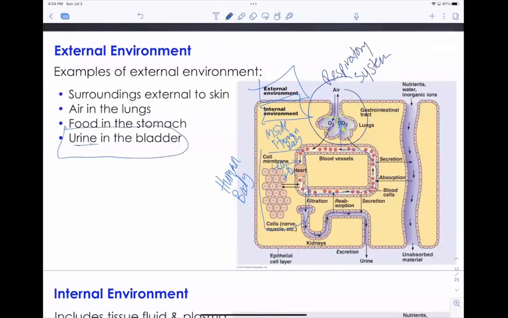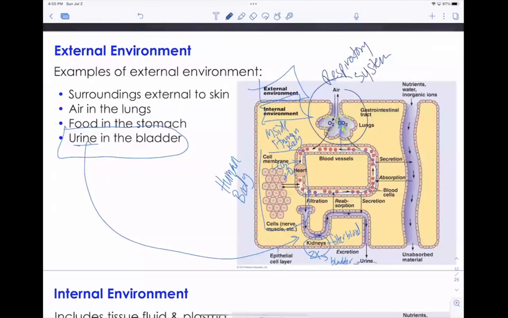The urinary system. So the urinary system is here. Kidneys filter blood. So your urinary system is two kidneys and the urinary bladder. And from the bladder, you're going to excrete urine.